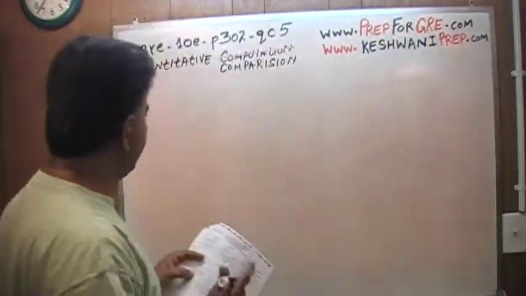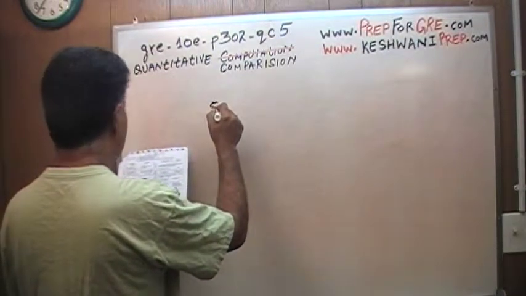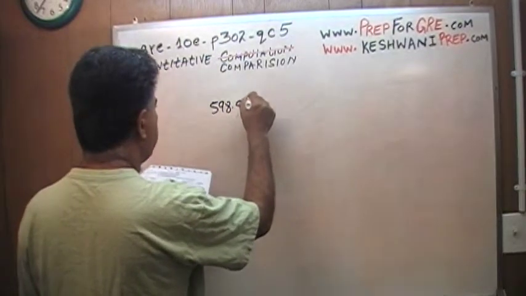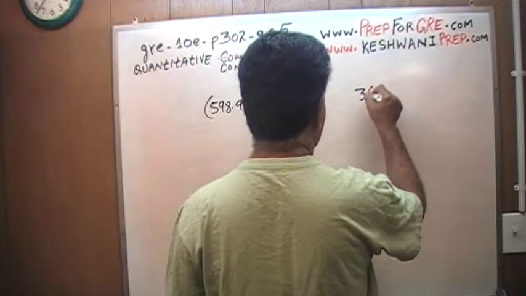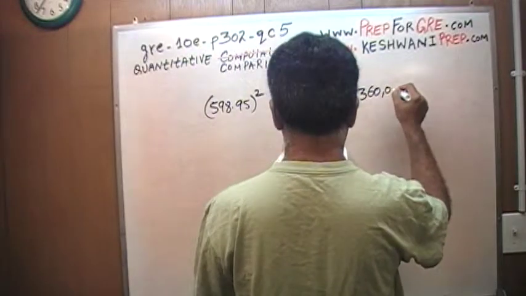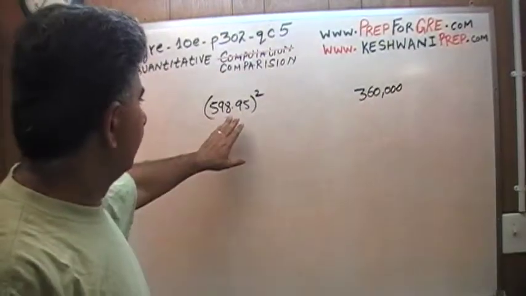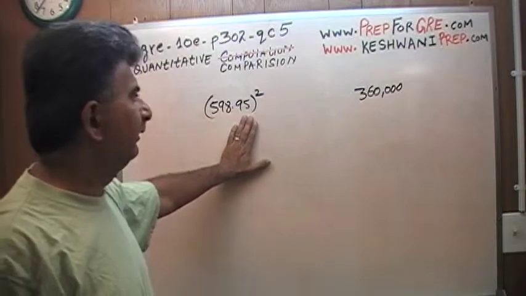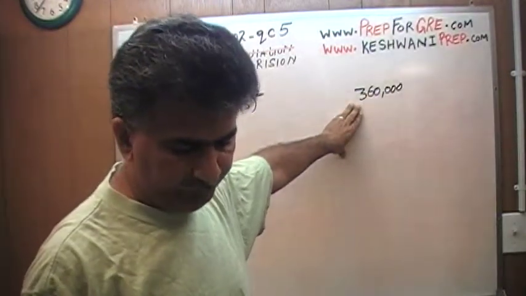In the first column, they ask us to compare the square of 598.95 versus the second column, which is 360,000.